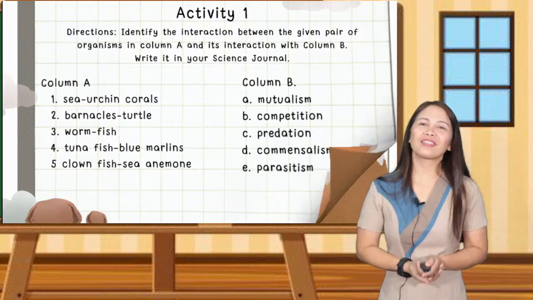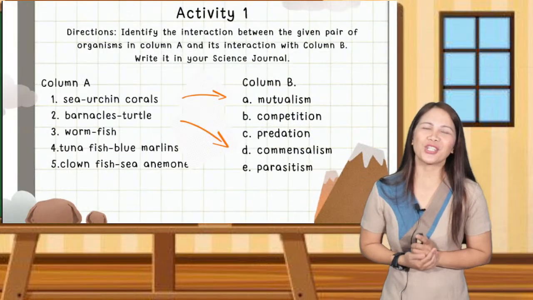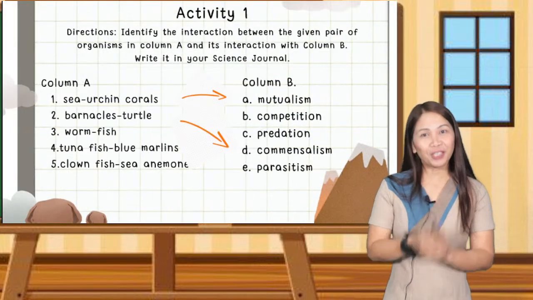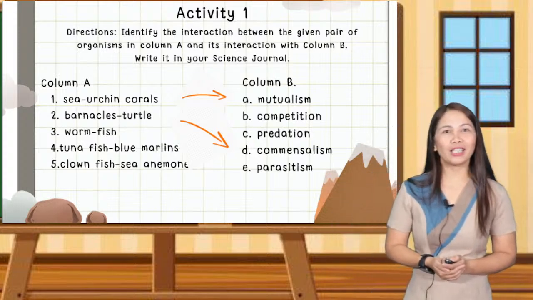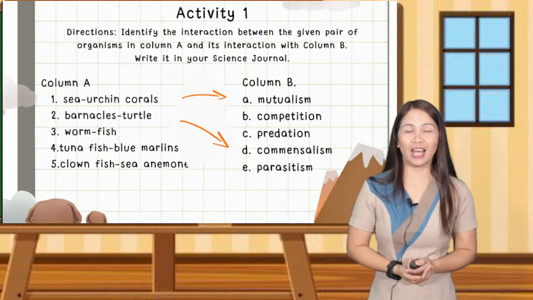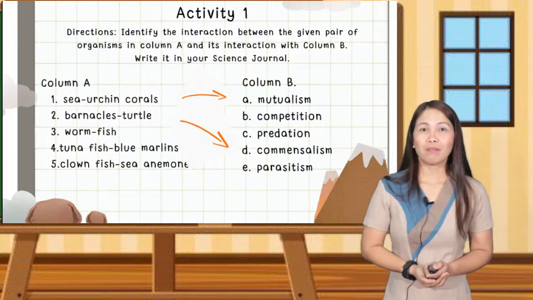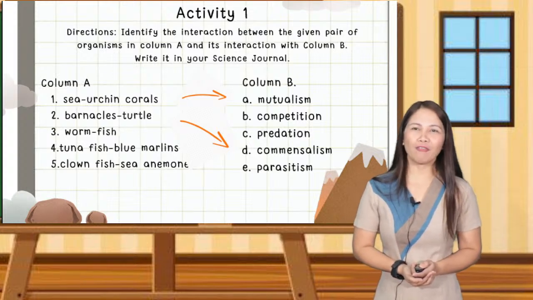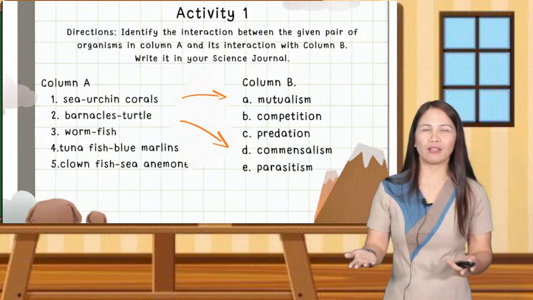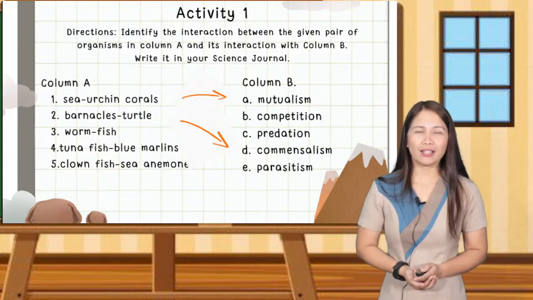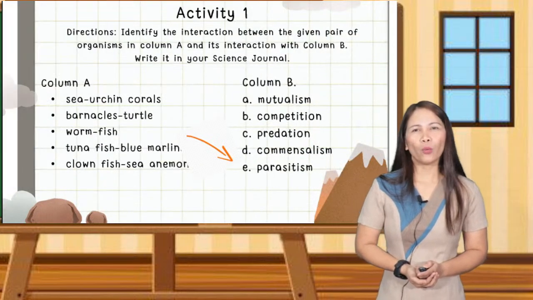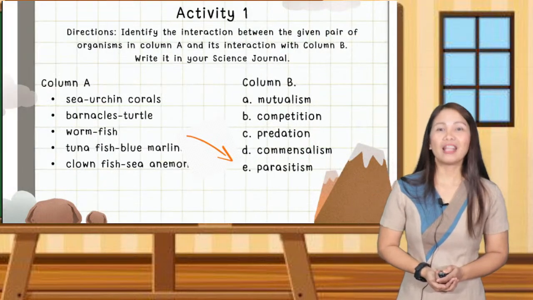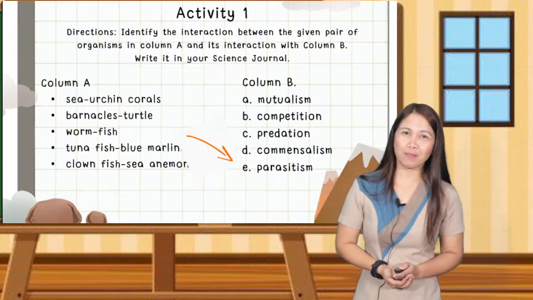Time's up. Let's reveal your answers. For number 1, sea urchin and corals, what is the relationship or interaction? That is right. Mutualism, letter A. For number 2, we have barnacles and turtle. That is commensalism. Let's move on. Worm and fish. Yes, class, that is parasitism.